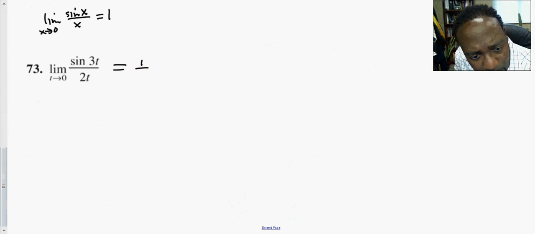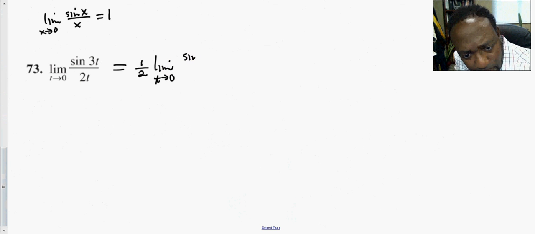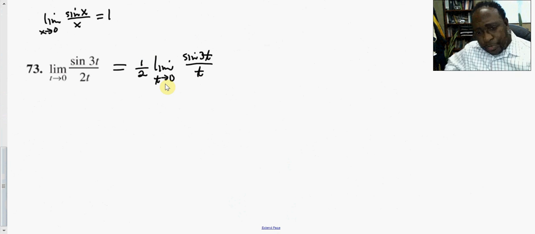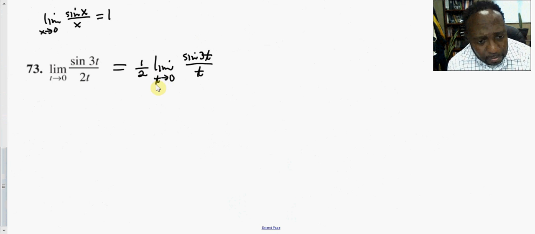So this is 1/2 times the limit as t goes to 0 of sine 3t all over t. Can I take this t right here and put that in front of the limit? No, no, no. You can't do that because the limit is tending, it's changing with respect to t.